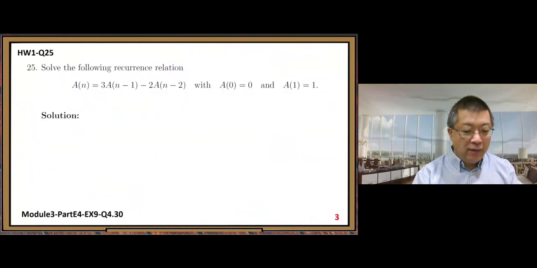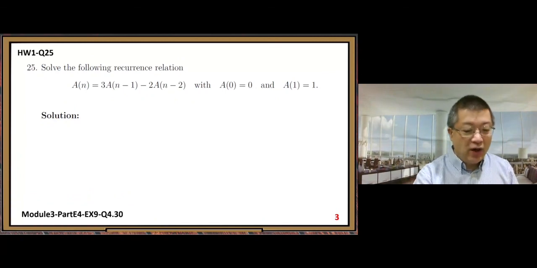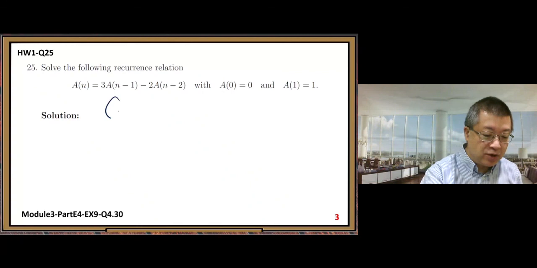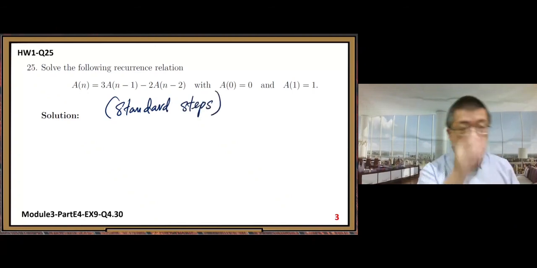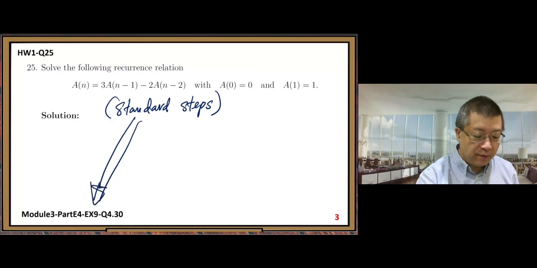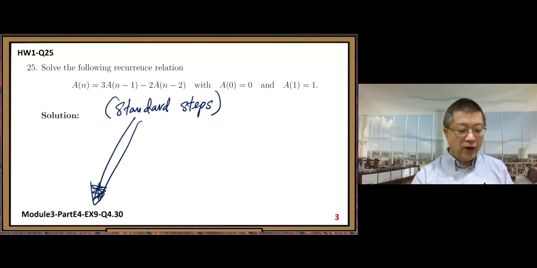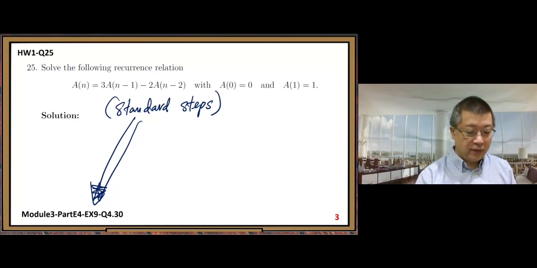Number 25, actually, it's pretty easy. For this one, we have standard steps. The standard steps you can find in this example. I did one example there, so you can find the video.